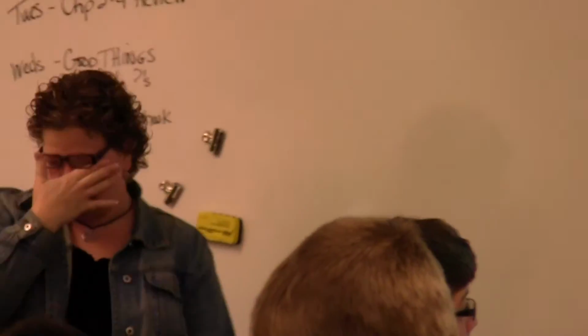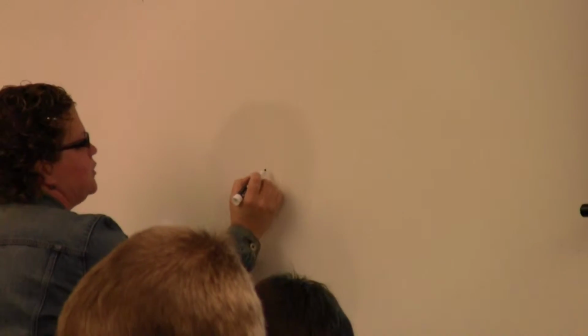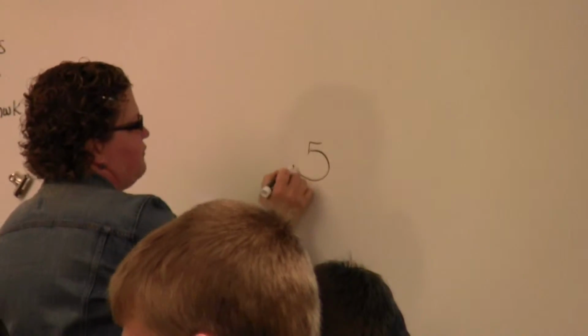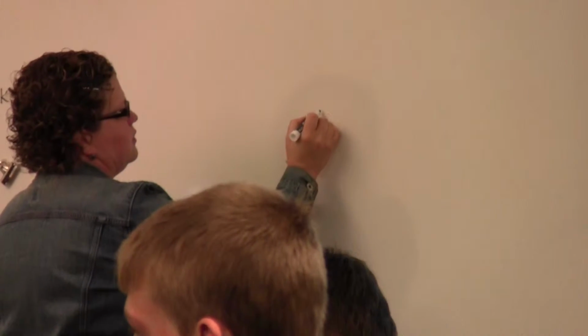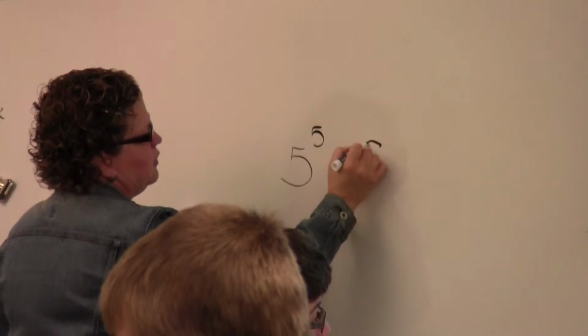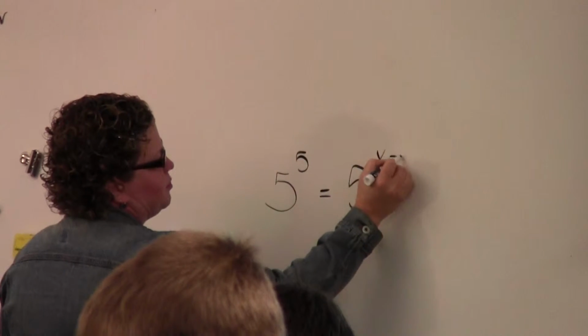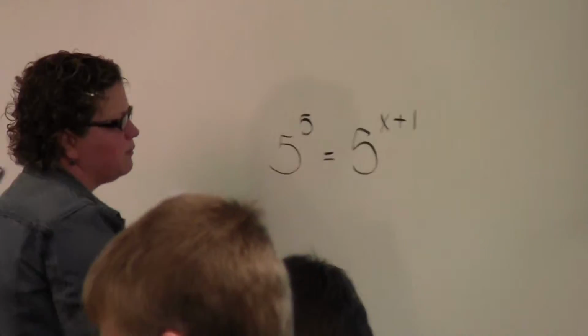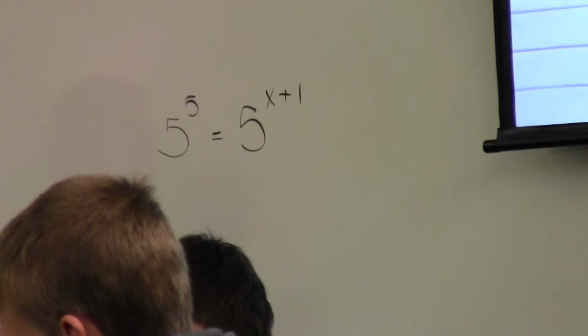But what that's saying is, if you had like 5 to the 5th equals 5 to the x plus 1, we could solve for x.